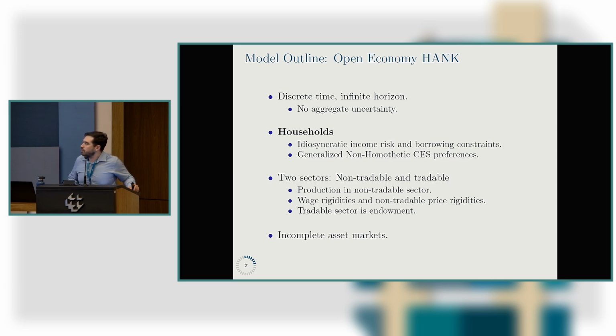Instead, I will show you those generalized non-homothetic CES preferences and the nice results that they provide. The rest of the model is, as I said, two-sector. Non-tradable is the only sector that is producing in this economy. So I simplify the tradable sector, and the tradable sector is only an endowment. Basically, it works as a demand shifter in the economy.